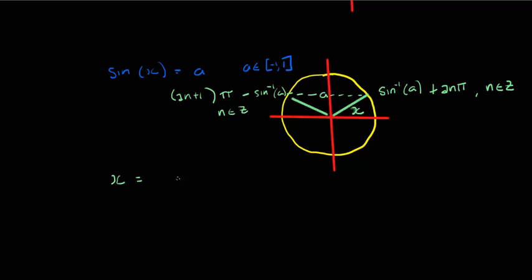x equals inverse sine of a plus -1 to the power of n. Don't forget n's going to come from the set of integers. So when it's odd, this becomes a negative.